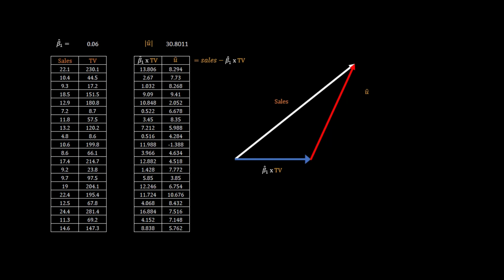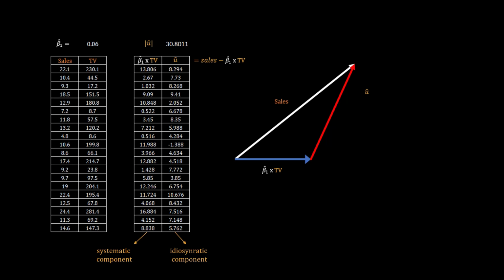The first column is beta 1 times TV, which is the estimate of the systematic component. The second column is the residual, which is the estimate for the idiosyncratic component of sales. Note that once we fix beta 1 hat, residuals are automatically calculated by subtracting the systematic component from sales.